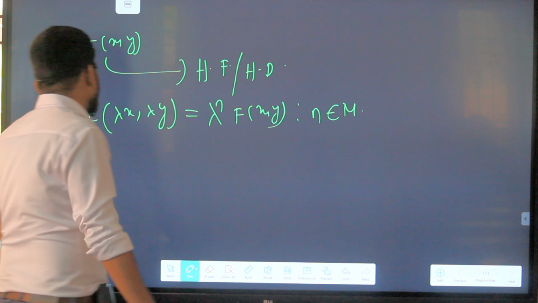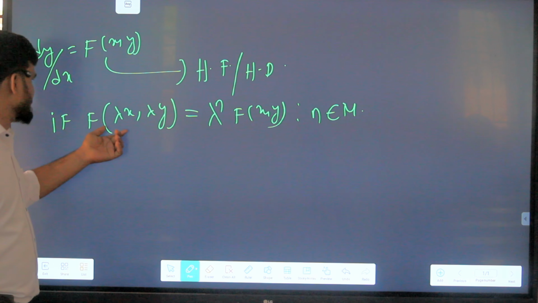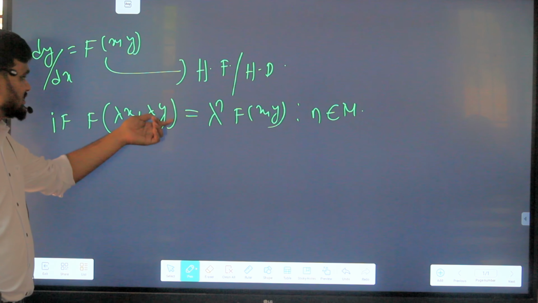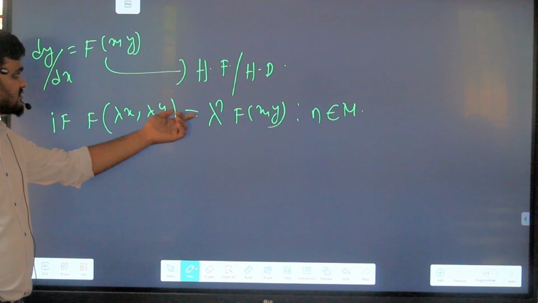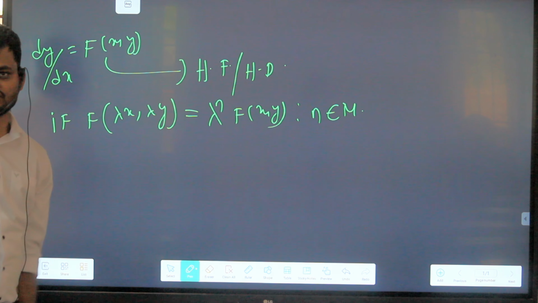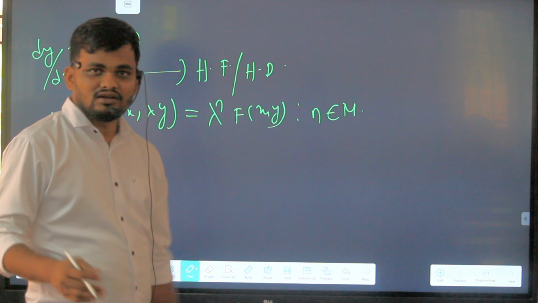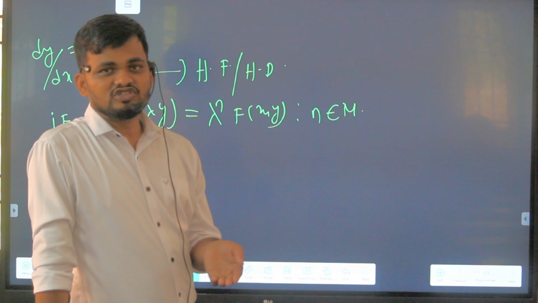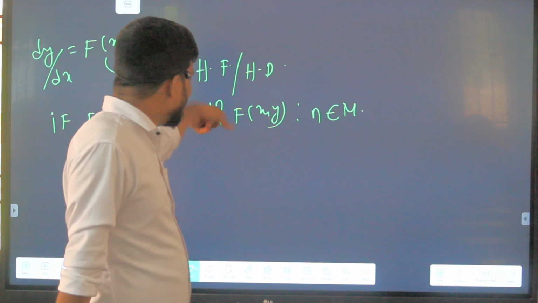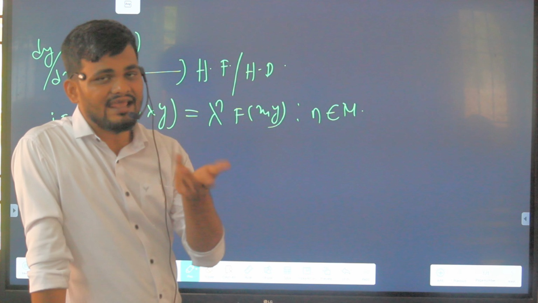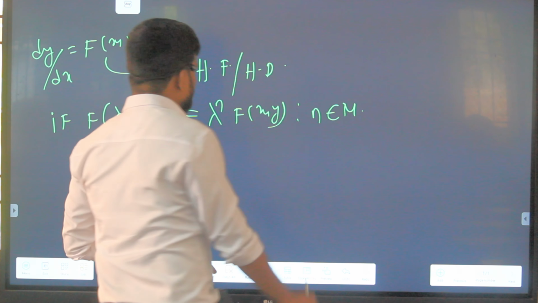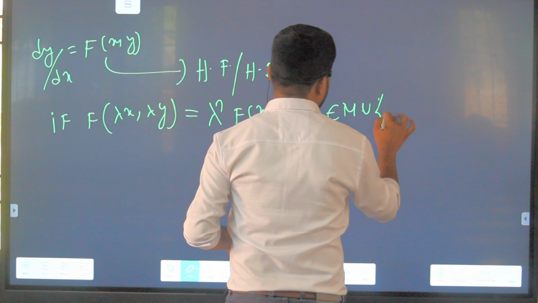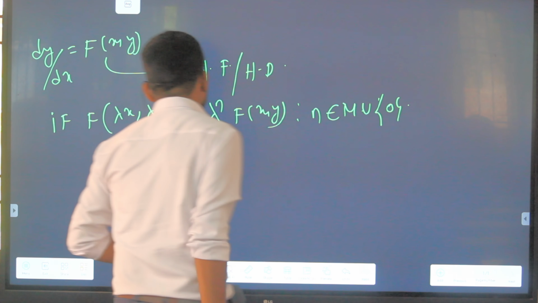That means if in the function we replace x by λx and y by λy, and we get λ^n f(x, y), then that function is called a homogeneous function of degree n. That n should be a natural number, even 0 also. Degree 0 is also possible.